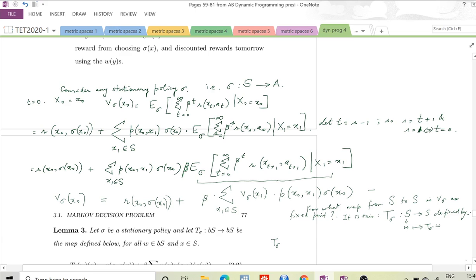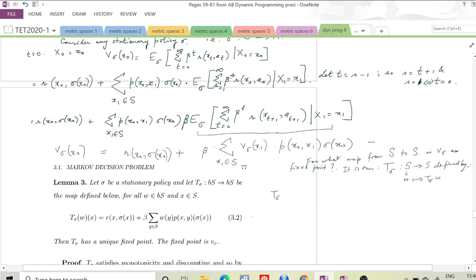let me, now that we are here, let me just use this. So it's 3.2: T sigma w of the state x is equal to r of, because we'd written this in terms of x naught, let me say of x naught is equal to r of x naught, sigma of x naught, plus beta times summation w of x1 p of x naught x1 sigma of x naught, right?